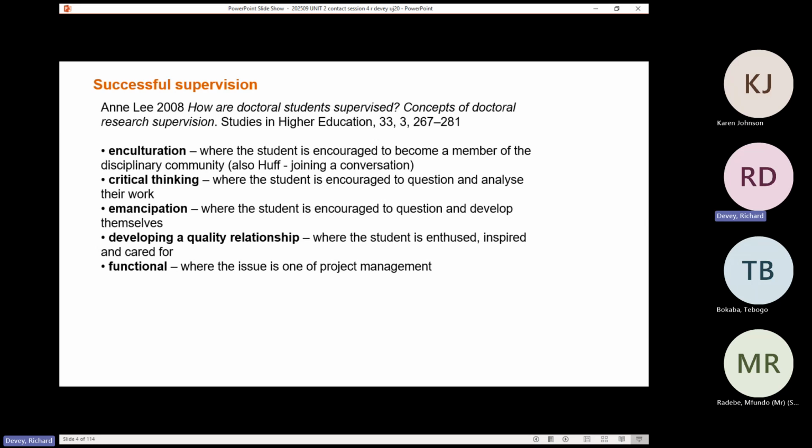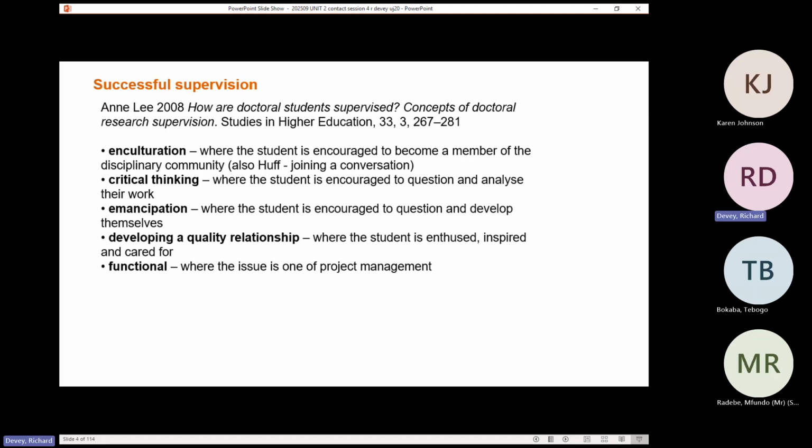We're dealing with supervision in relation to quantitative research, but there are some broader issues around supervision which come into the discussion when we're working with students, whether we're doing quantitative or qualitative research.